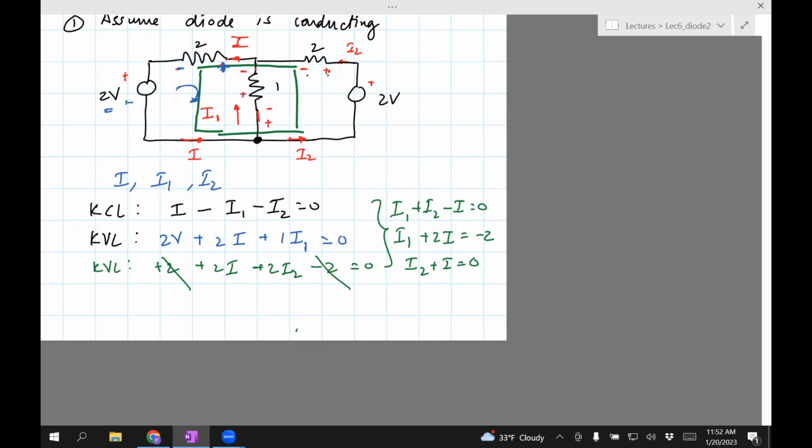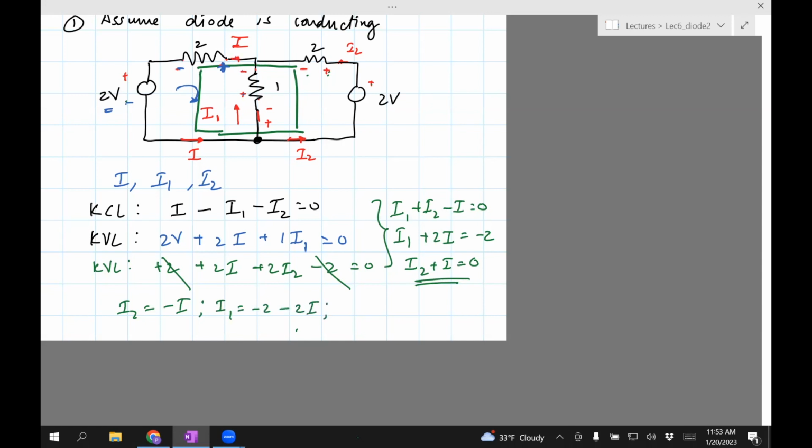Okay, so maybe we can just, from the third equation, solve for I2, which is minus I. From the second equation, we can write I1 as minus 2I, and then substitute that in the first equation.